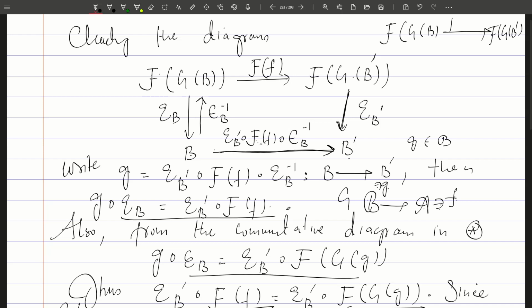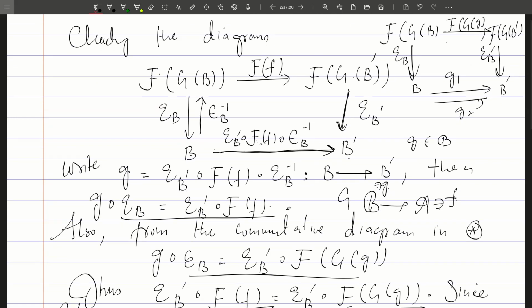This is the morphism F of G of g. Here we have the map epsilon B to B, and we have the isomorphism epsilon B prime to B prime, and between B and B prime we have two morphisms. One is g1, other is g2. So we know F of g1 is the same as F of g2 because f is injective.